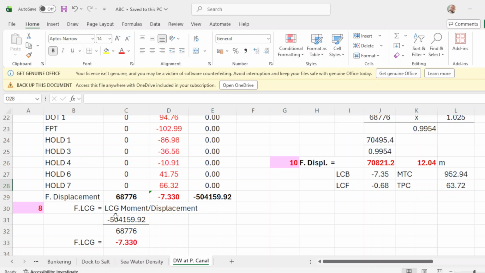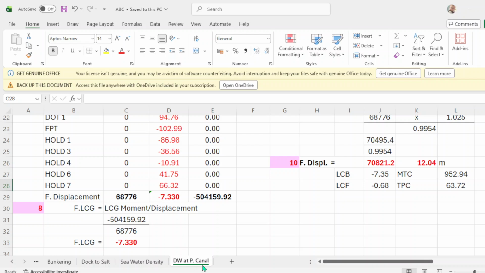So the final LCG moment is 504159.92, over your final displacement of 68776. Divide this all together and your final LCG is negative 7.330. The same with this one.